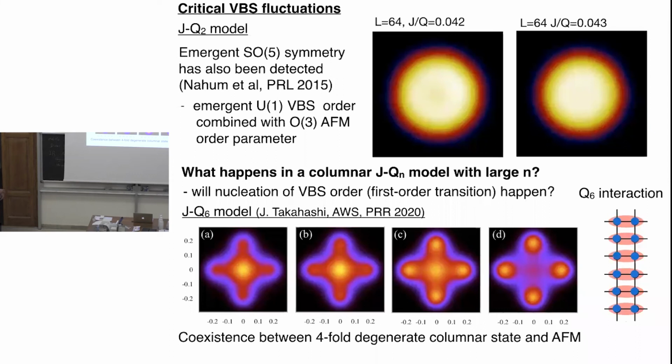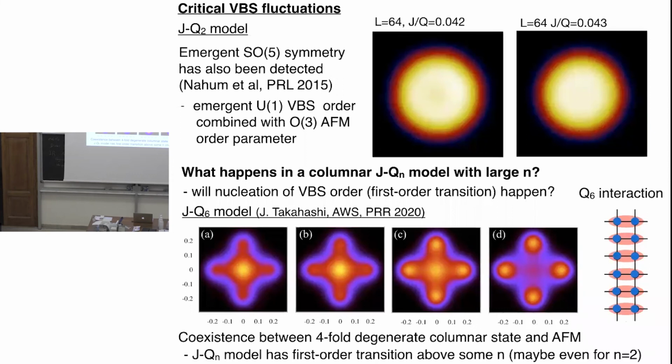So that means that, well, we can definitely cook up models which have strong first order transitions. And we have also looked at that systematically for 2, 3, 4, 5, and 6. And they become more strongly first order as we increase. And maybe we don't really see this for n equals 2, but I cannot exclude that n equals 2 is first order as well, but very weakly so.